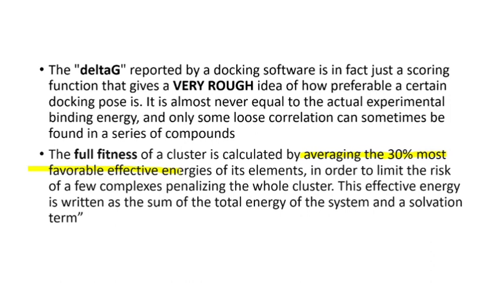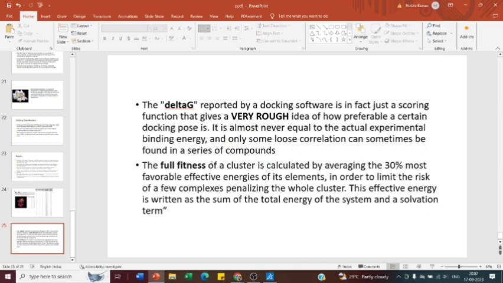Effective energy is written as the sum of the total energy of the system and a solvation term. So, that is the full fitness value. So, this is all about docking.